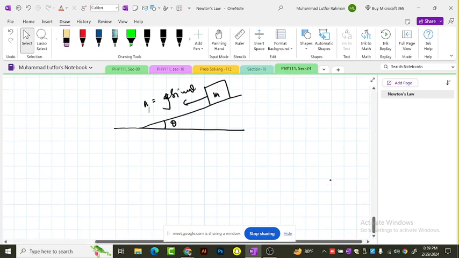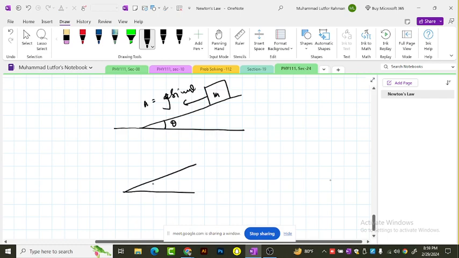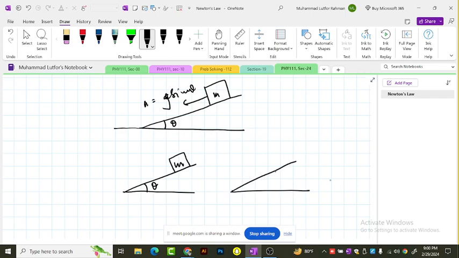Now look at this, it is interesting. Let's say I have two identical inclined planes which have the same angle and also the same material. Now I'm going to release two blocks. One has a mass m, and this is also an identical plane, and in the other case I have a bigger, different mass.